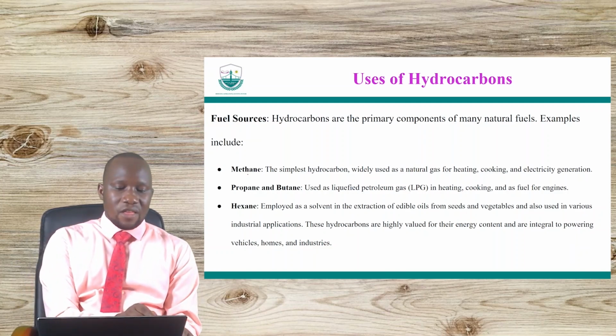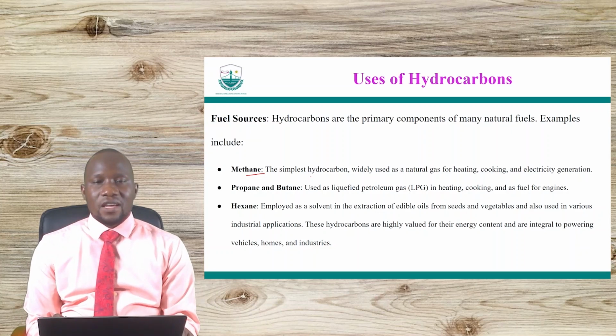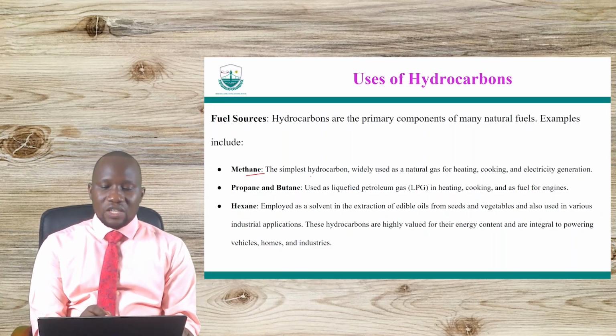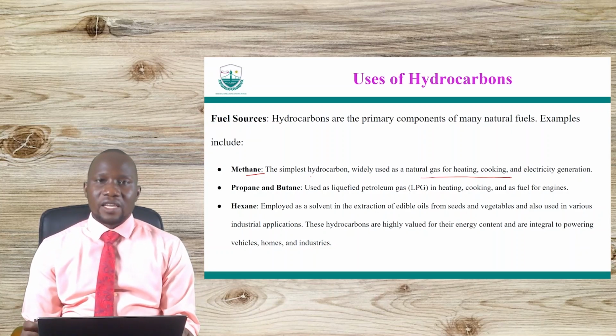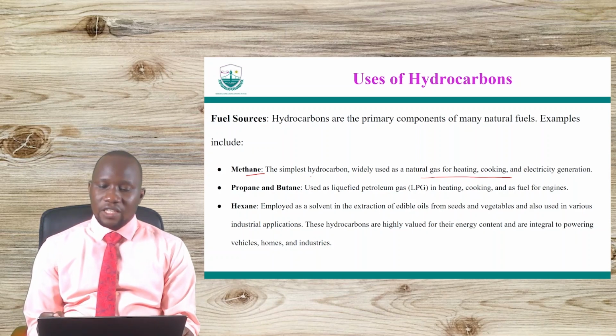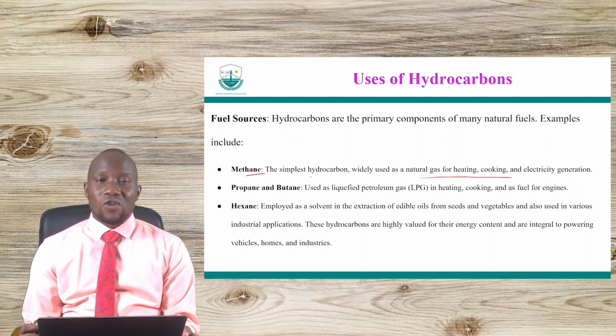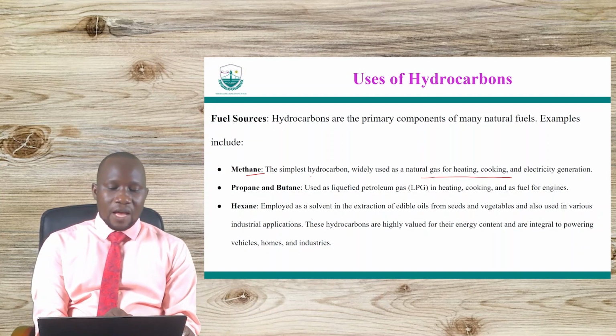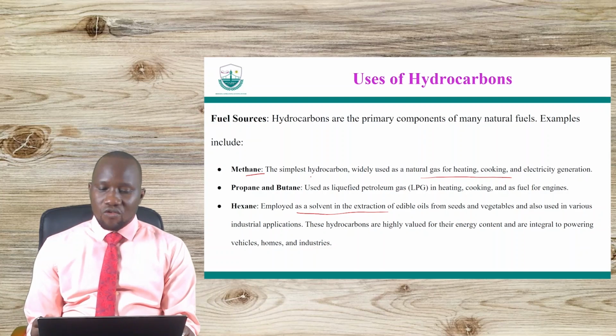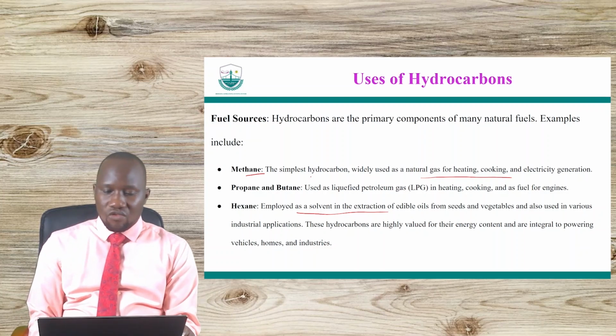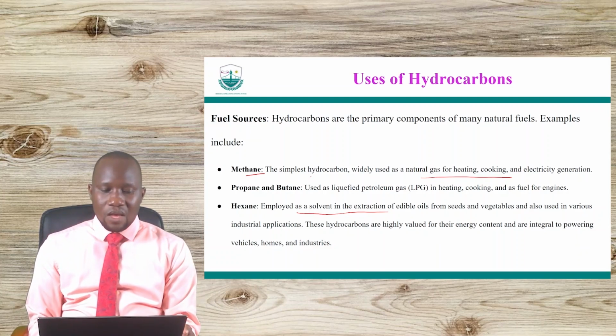For example, methane, the simplest hydrocarbon, is used as natural gas for heating, cooking, and electricity generation. Propane is also used as a fuel in cooking, heating, and for different engines. Hexane is useful as a solvent for extraction of edible oils from seeds and vegetables, and also has different uses at the industrial level.